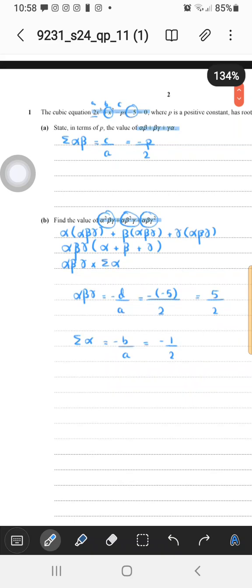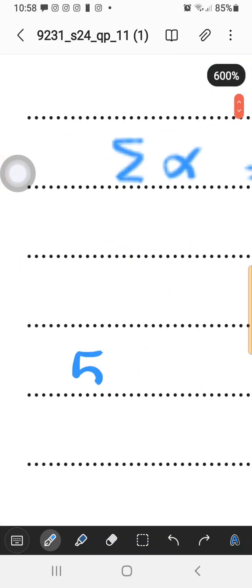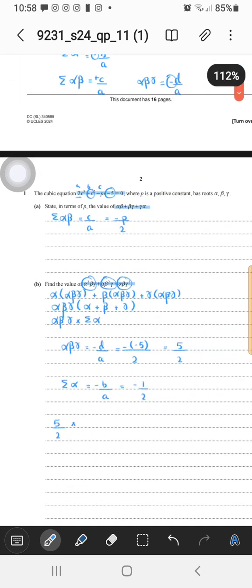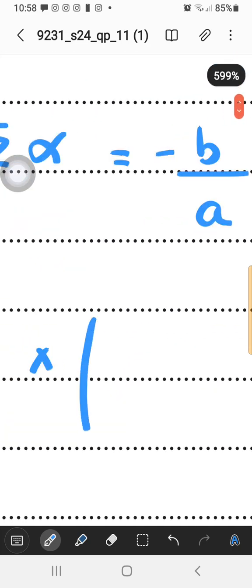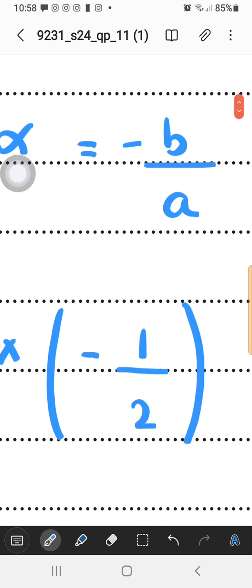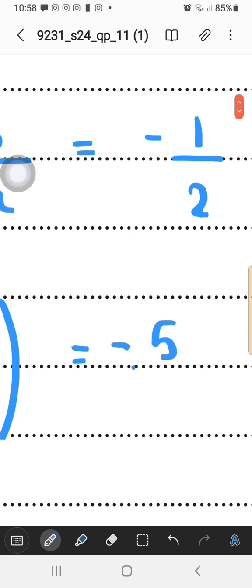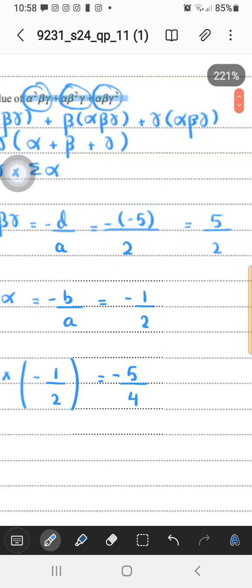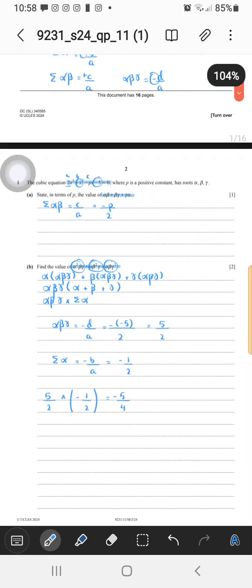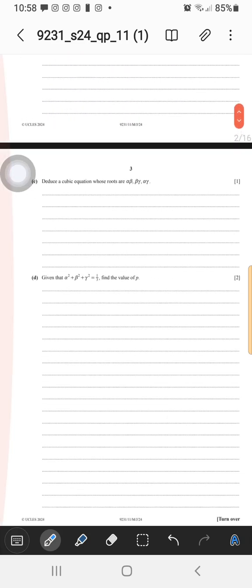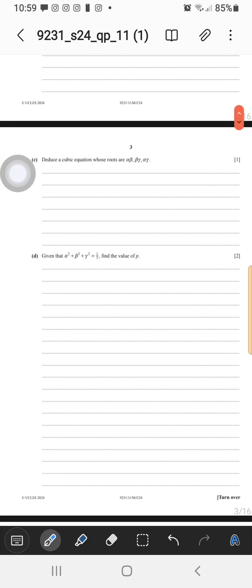So now we will insert our values: 5 upon 2 multiplied by negative 1 upon 2. So we got negative 5 upon 4. That's not much difficult. That was an easy question. So let's move to the next part.